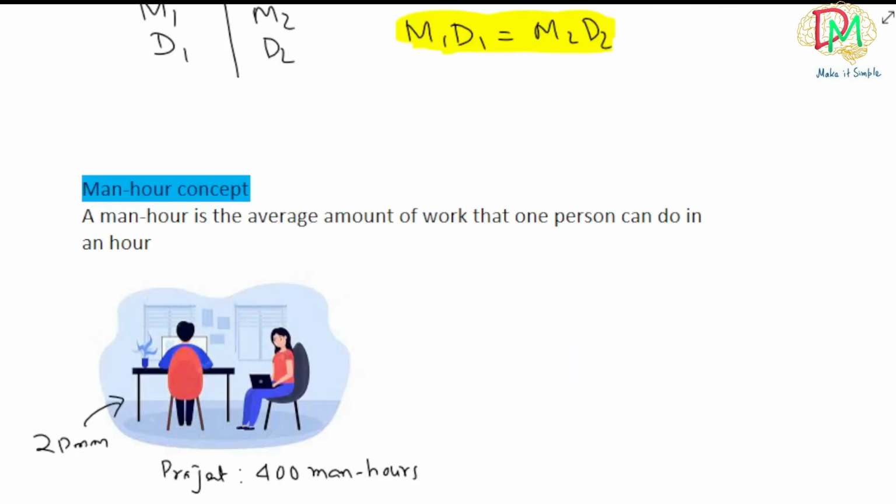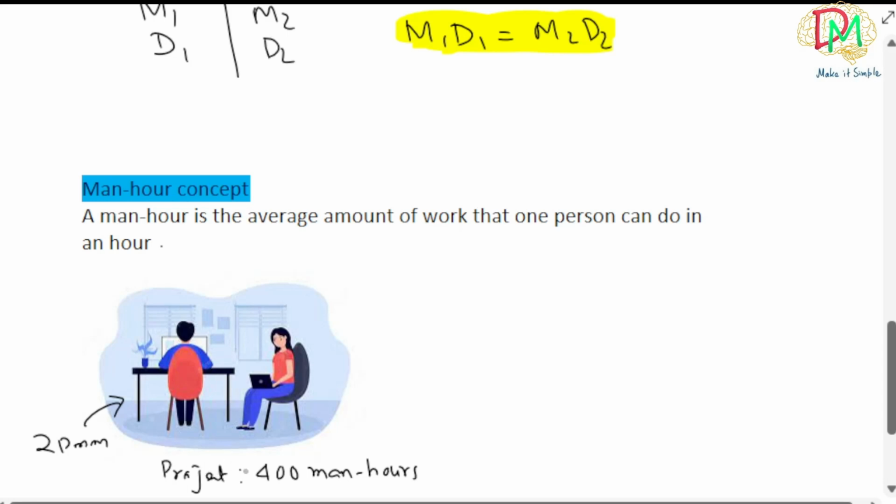Now we learn the man hour concept. What is the definition of the man hour? Man hour is the average amount of work that one person can do in 1 hour. So this is also another unit of measurement of work. Let's take one example.